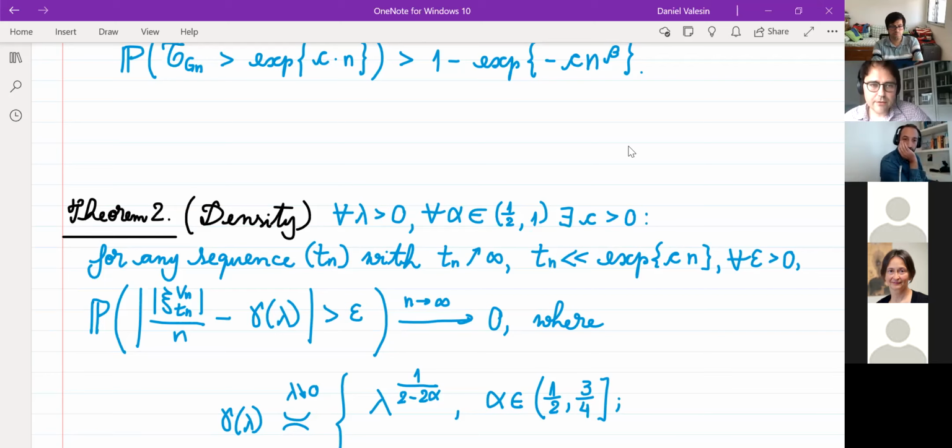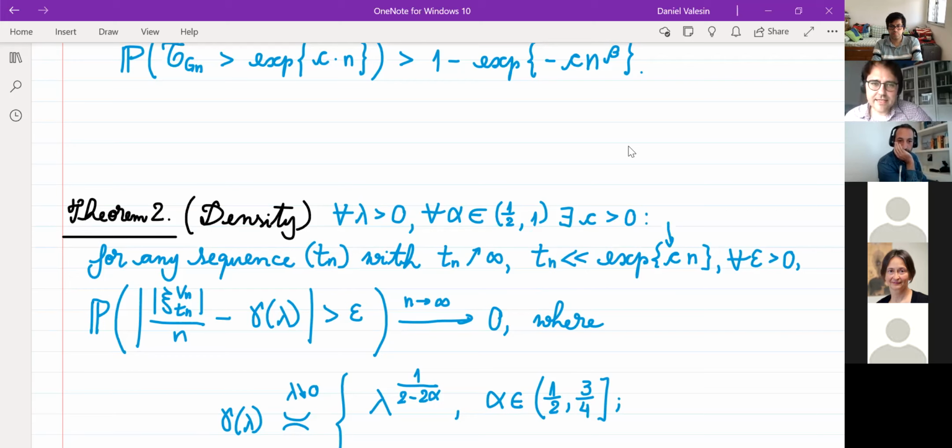I take a sequence of times Tn going to infinity, but much smaller than this constant C, which you can think of as the constant C of theorem 1, like the extinction time.